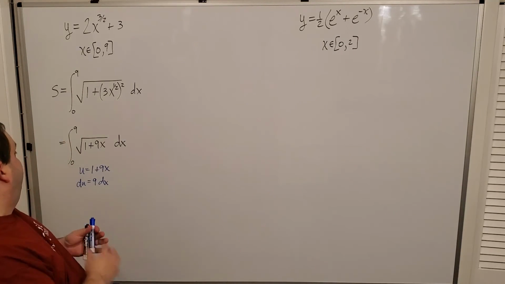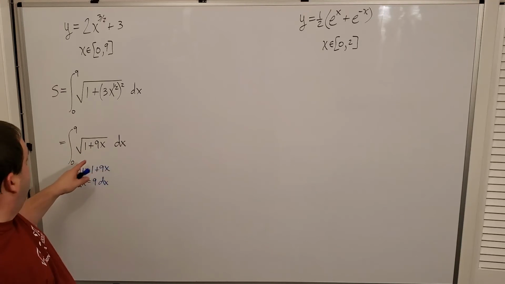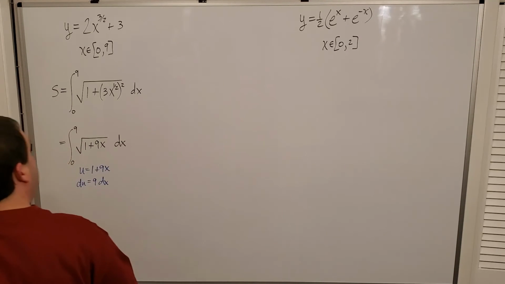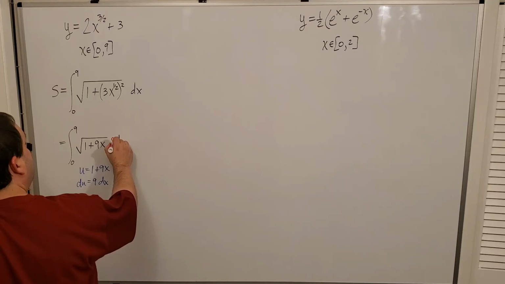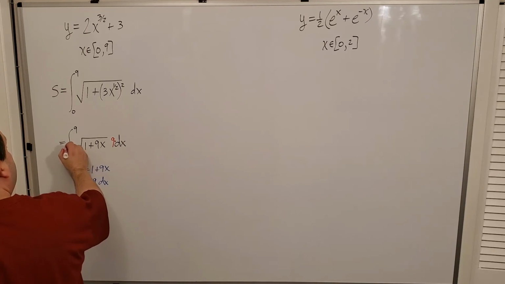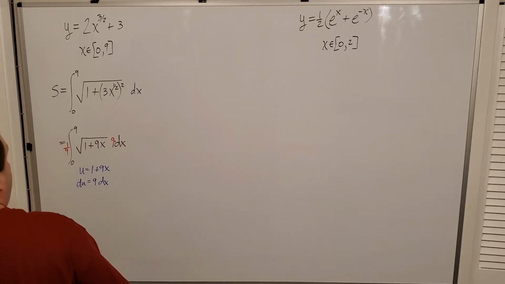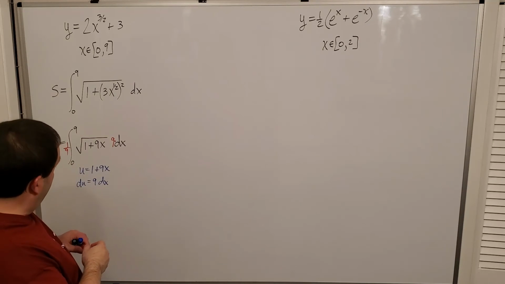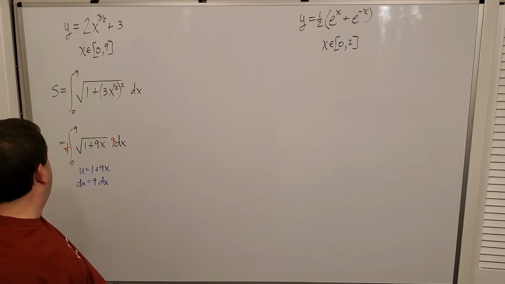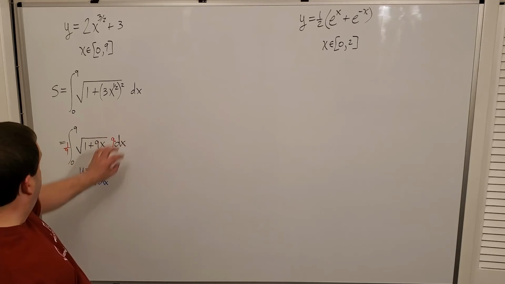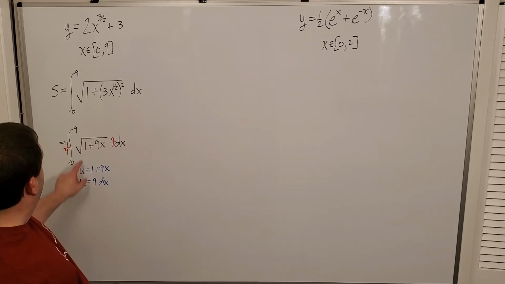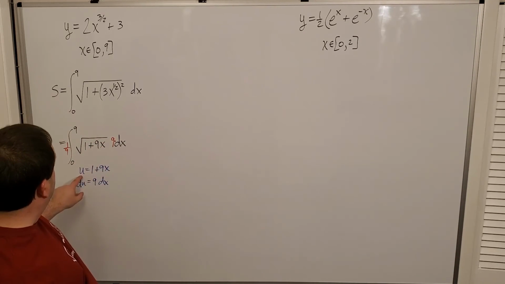So I need to fix my integral here. I need a 9 times the dx, which means I'll need a 1 over 9 times the outside there. Alrighty. So my 9 dx becomes my du, and my 1 plus 9x becomes my u.